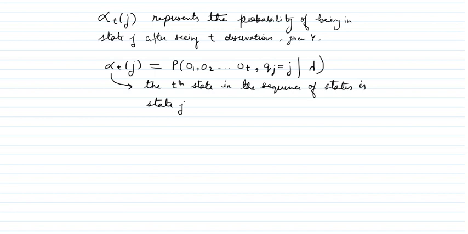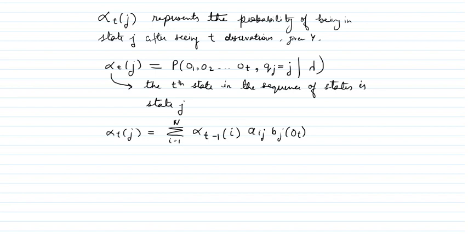So now this can be recursively written as alpha tj is equal to the summation over i equal to 1 to capital N of alpha t minus 1 i, a of ij, b of j ot, right?